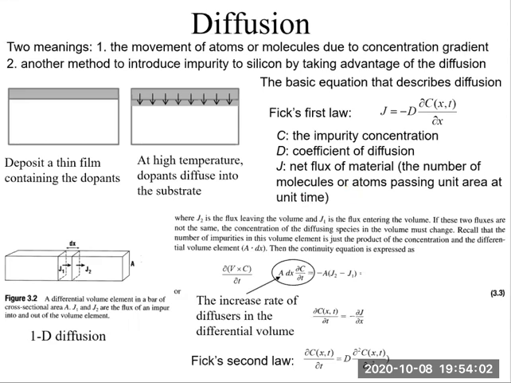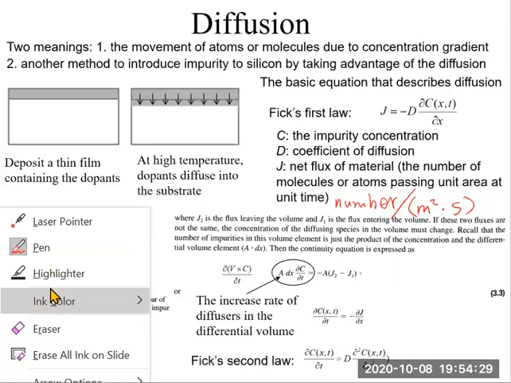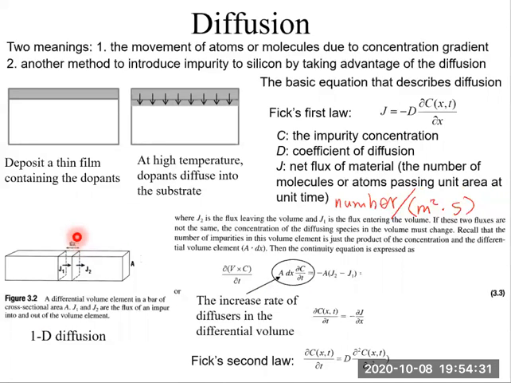It should be the number of atoms or ions per square meter per second, right? So the number of molecules or ions passing unit area at unit time. That's Fick's first law.